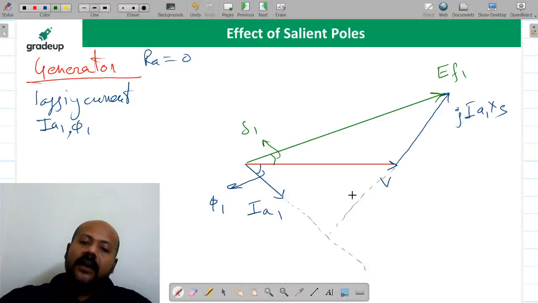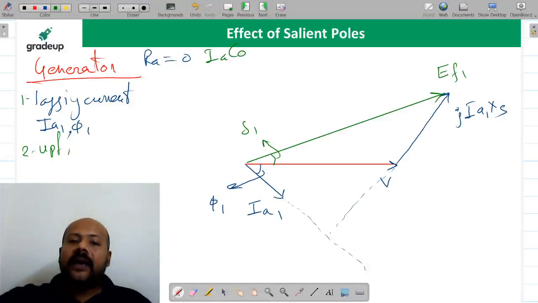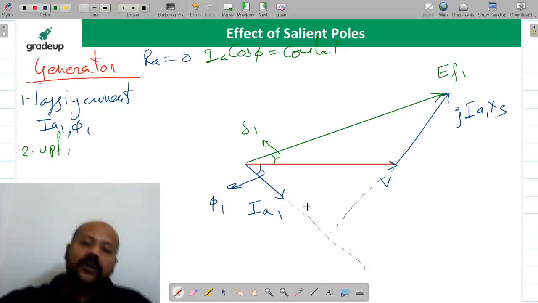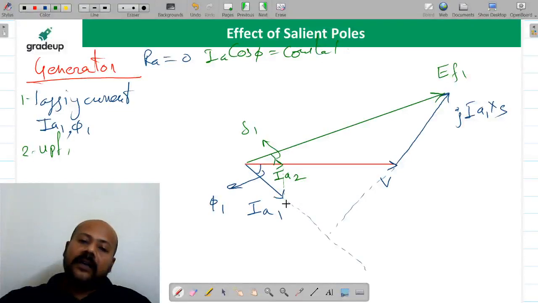Is it clear? Now I am going to take a unity power factor current, but you have to keep the condition that IA cos phi must be constant. Yes or no? Suppose this is your IA2. Second case, you are taking the unity power factor condition.